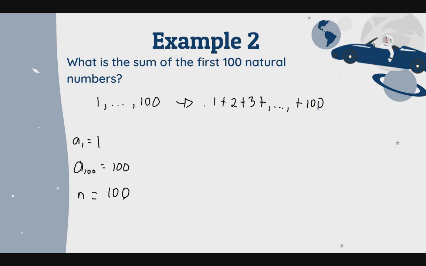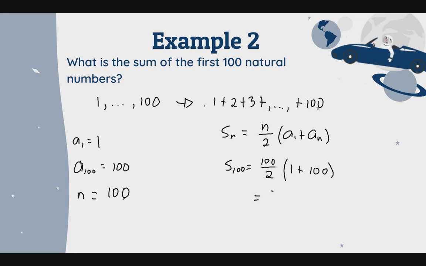So using the formula that we had, S sub n is equal to n over 2 times a sub 1 plus the last term, which is a sub n. We are looking for the sum of the first 100, so we will write S sub 100 equal to n, which is 100 over 2, times the first term, which is 1, plus 100.